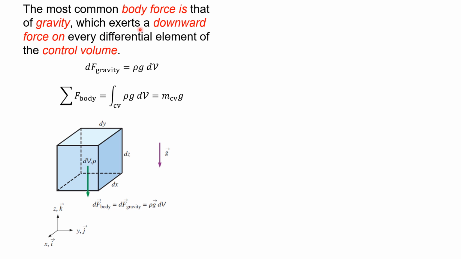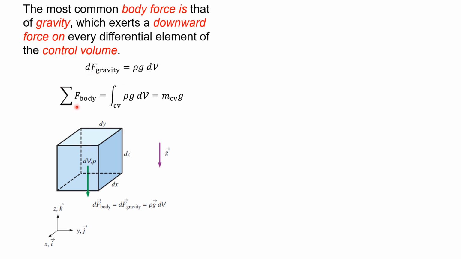So it will be a downward force towards the earth's core, and it is a force acting on every differential element of the control volume. In a control volume, you can have various elements, and gravity will be acting on all of them.